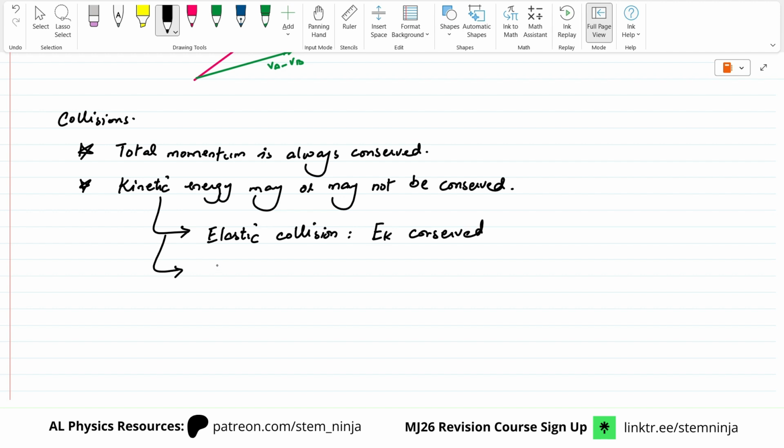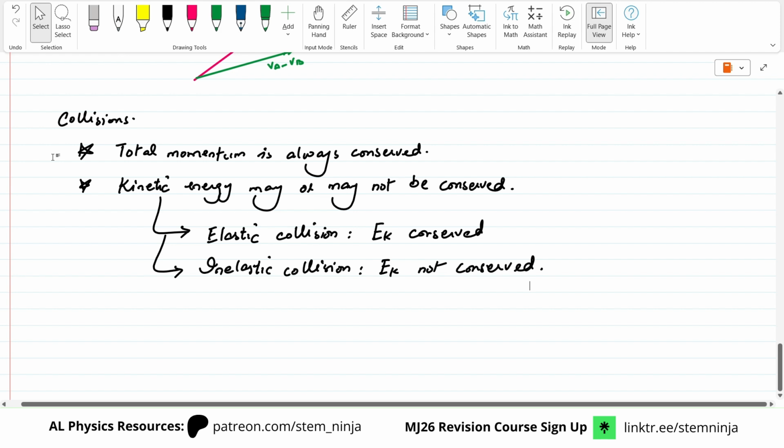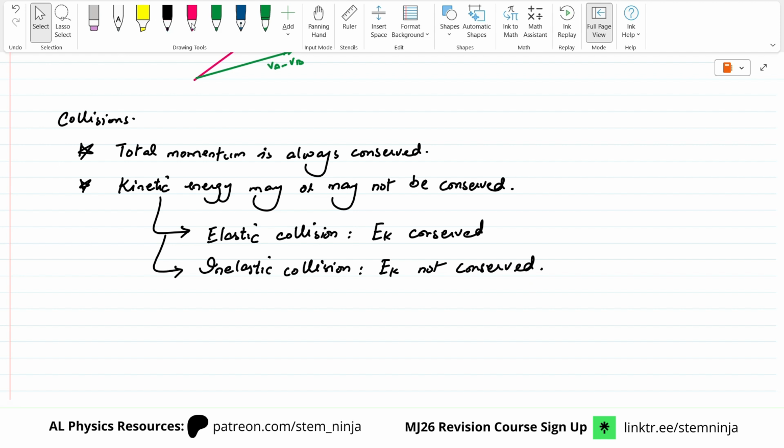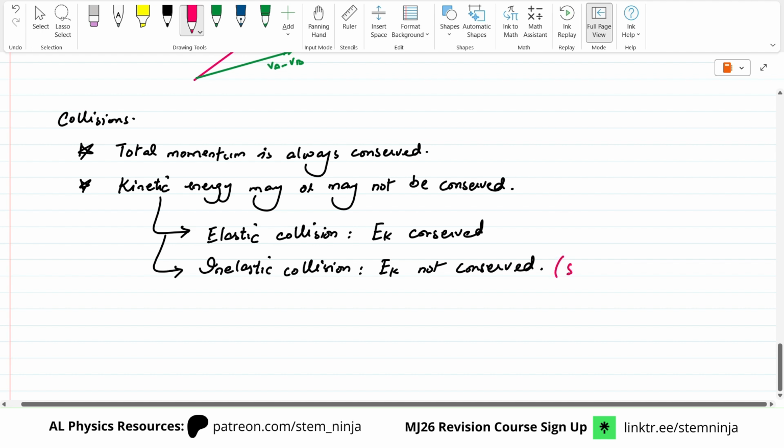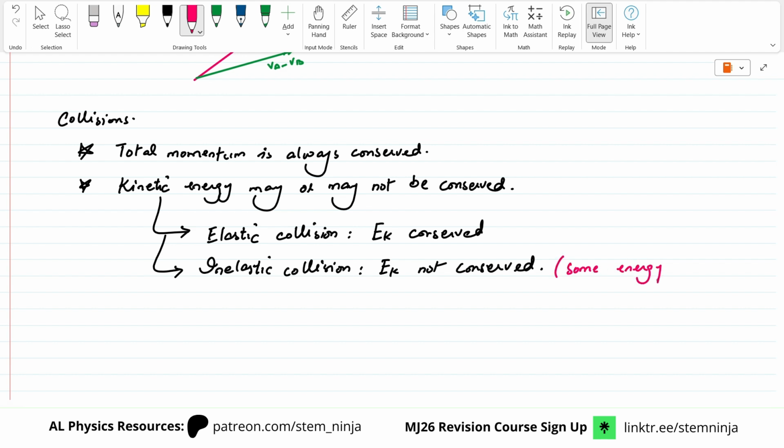And the ones in which kinetic energy is not conserved are called inelastic collisions. EK not conserved. So in this case over here, some energy is lost.